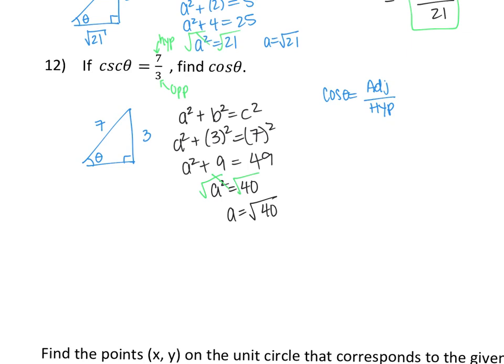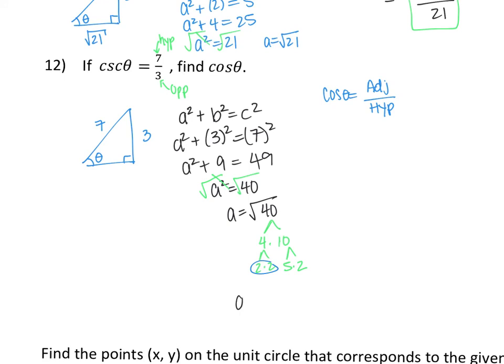But you do need to simplify the 40 and break down the root. So the root breaks down into 4 and 10, and 4 breaks down into 2 and 2. 10 only breaks down to 5 and 2. So the 5 and 2 are not pairs, but the 2s are.